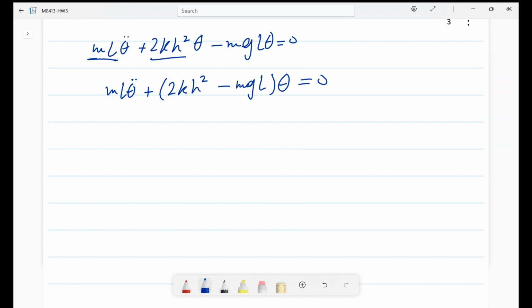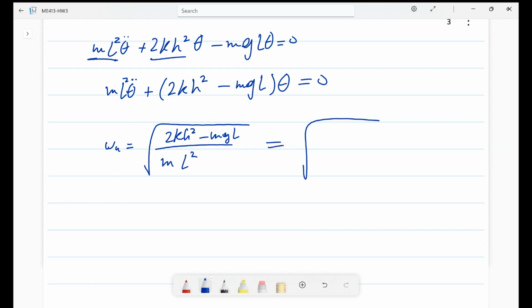So omega n will equal the square root of (2k h square minus m g l) over m l square, and we can simplify it to be 2 k h square over m l square minus g over l. This is our natural frequency.